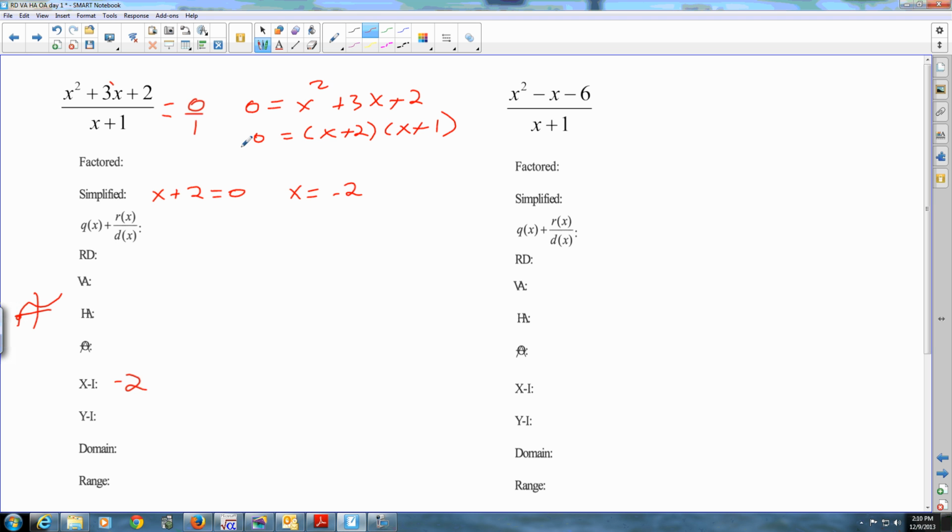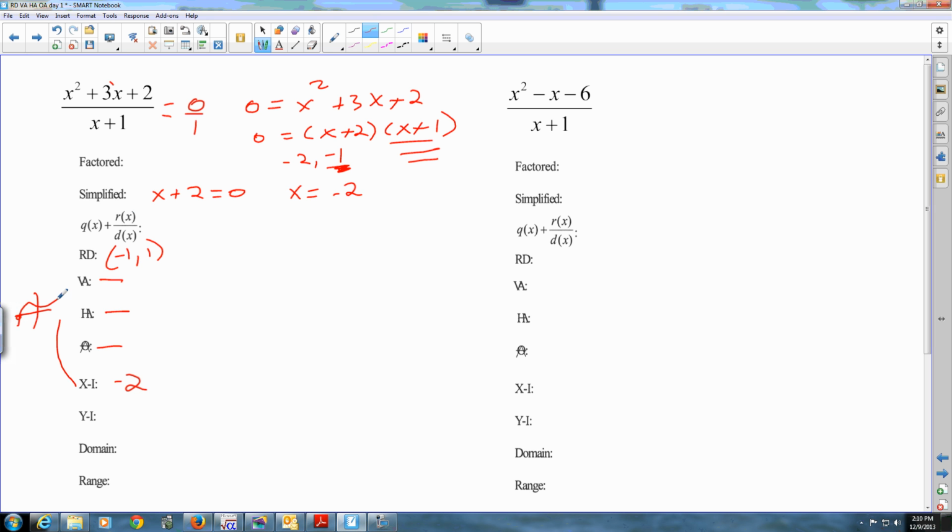If you solve this now, you're going to get -2 and -1. But -1 isn't an x-intercept because it was your removable discontinuity. So this isn't an intercept. That's why it's better to do it in the simplified form, so you don't mistakenly label a removable discontinuity as an intercept.